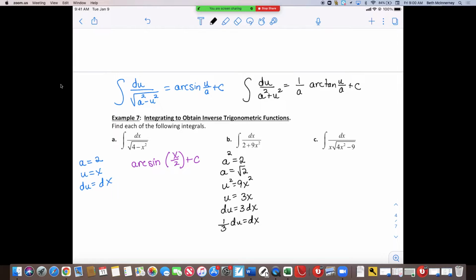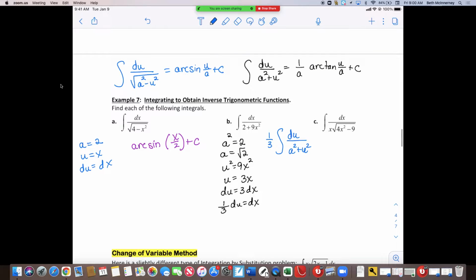So I've really got 1/3 the integral of du over a squared plus u squared. According to that formula, I've got 1 over a arc tan u, which is 3x, over a, plus C. And we can just cut our losses and do that one.